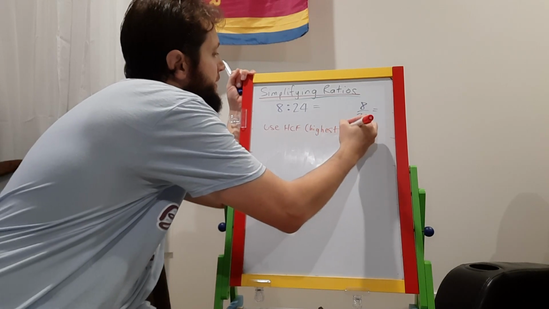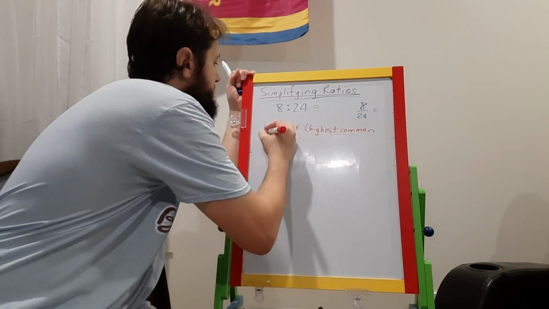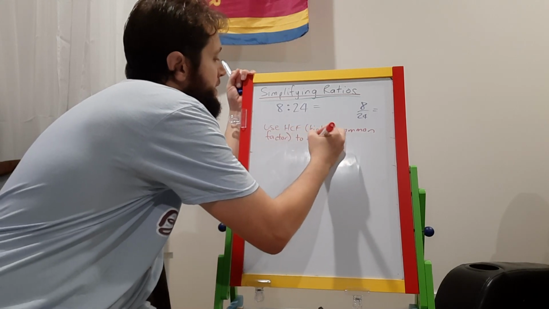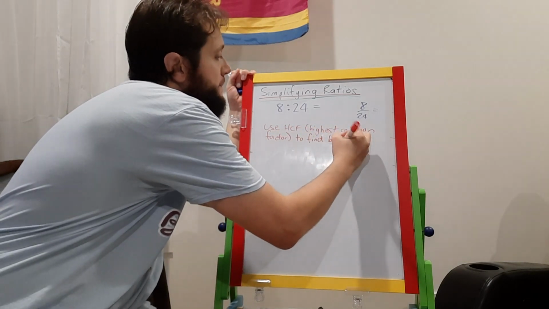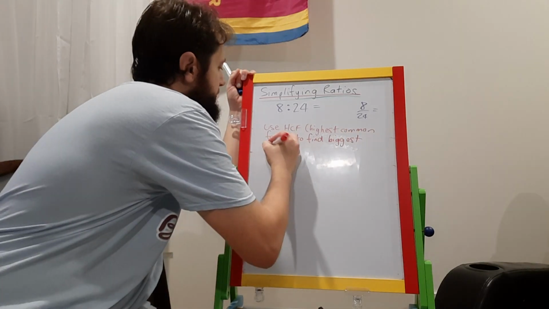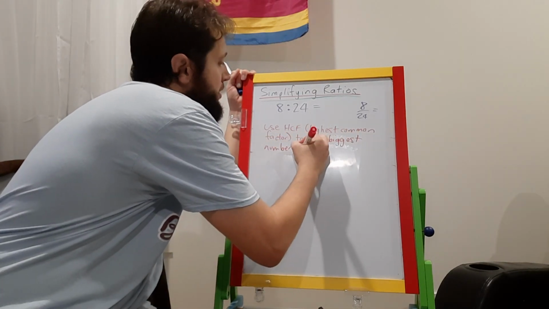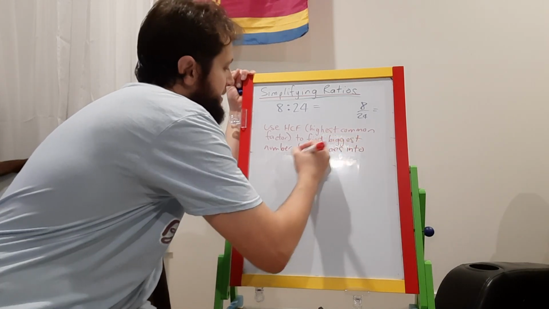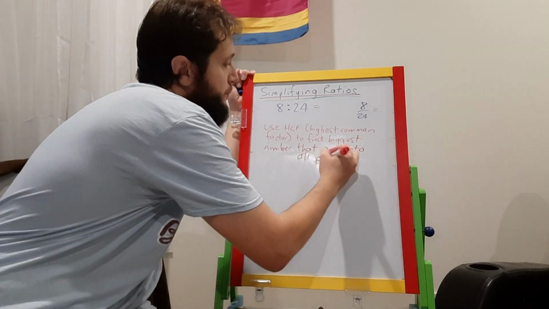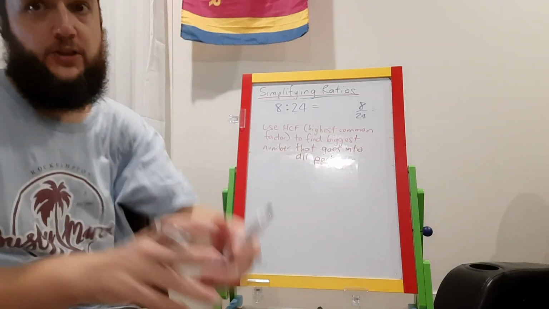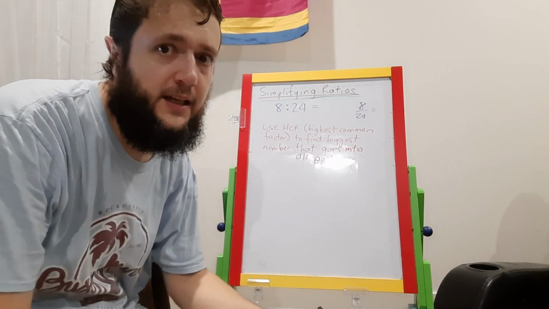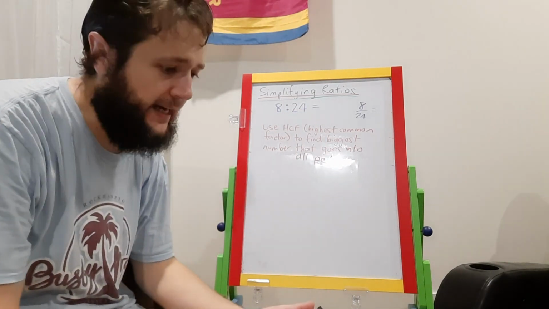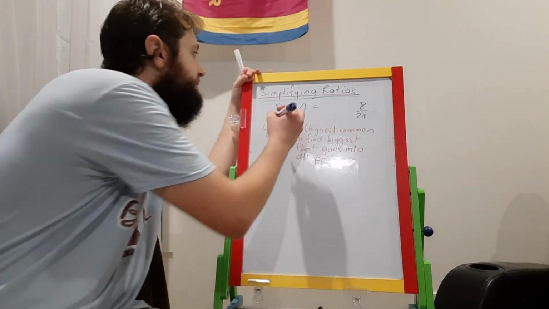Basically it's the biggest number that goes into both parts, or all parts rather, because we can have ratios with more than 2 parts, as we showed in the last video. So in this case, the biggest thing that goes into both of them is 8. So the HCF is 8.